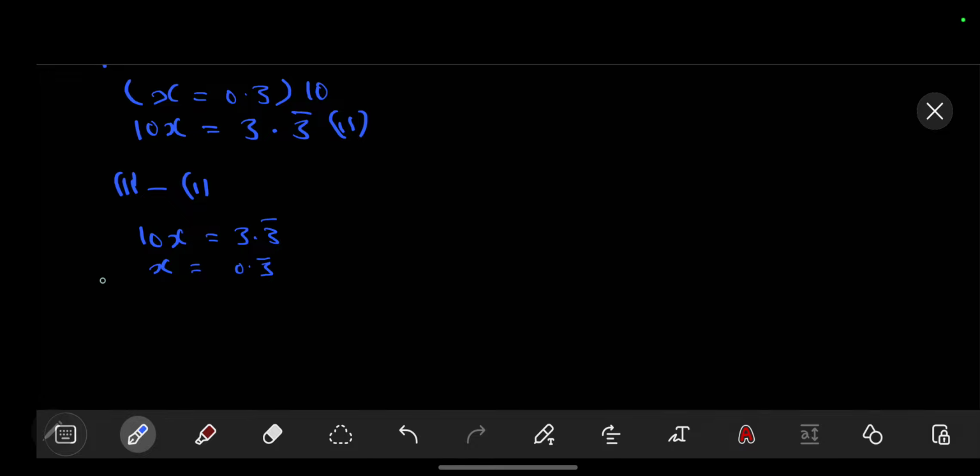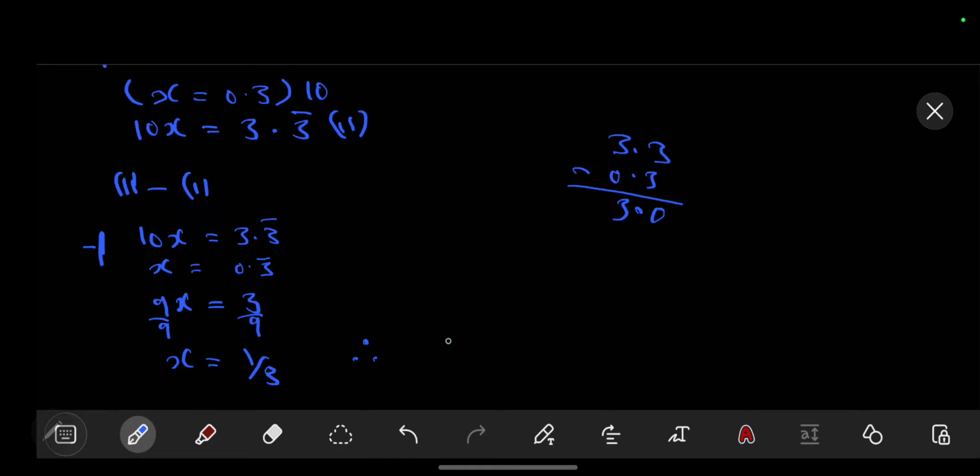Now when we subtract 10x minus x, it will give us 9x, which should be equal to 3.3 minus 0.3, which is 3. So 9x equals 3, which is the same as x equals 3 divided by 9, so our x here will be equal to 1 over 3. Therefore our number 0.3 bar in the form a over b is equal to 1/3.